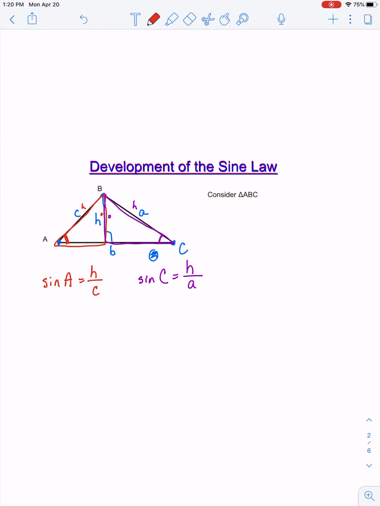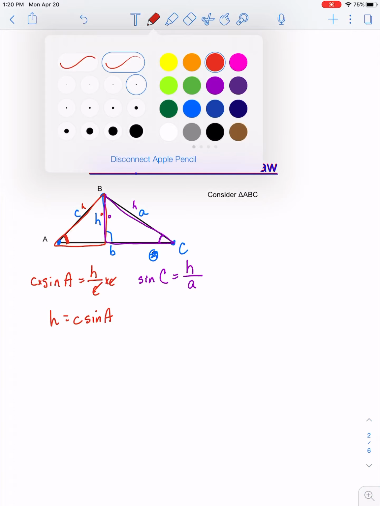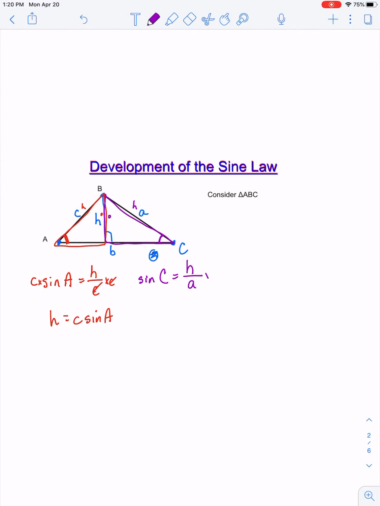All right, now I'm going to rearrange this a little bit. I'm going to multiply both sides by c. That'll cancel that out. So then we get that h equals c sine A. And if I do the same thing in the other equation, multiply both sides by a to get that a out of the denominator, you get that h equals a sine C. And if you remember from our work on linear systems, we've got two equations and they both equal h.